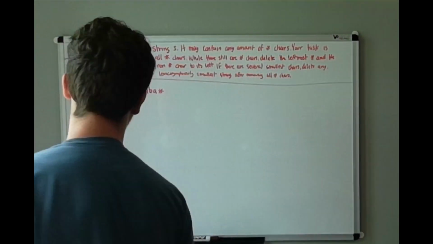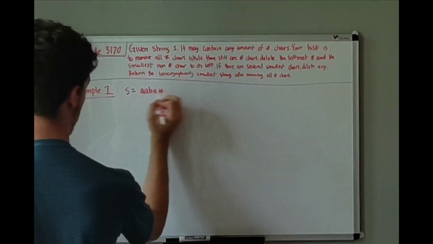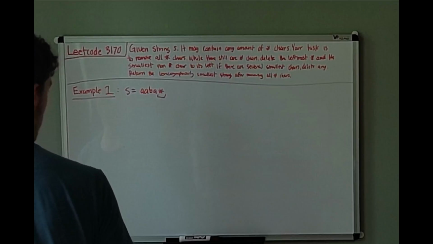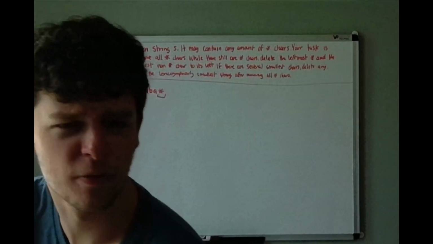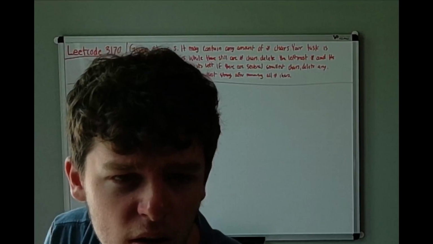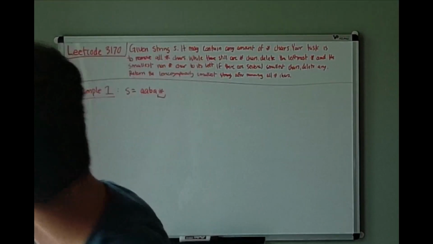So in this case, AABA star, we would iterate through the string, find the leftmost star, the only star in the string, and then once we find that star, we delete that star, as well as the smallest non-star character to its left.